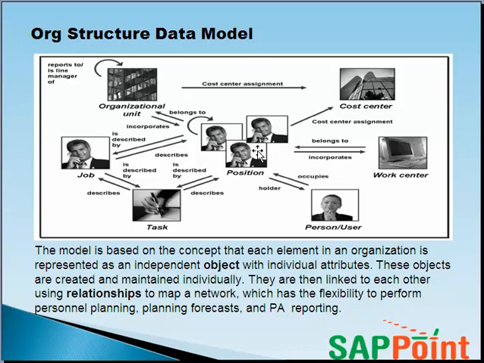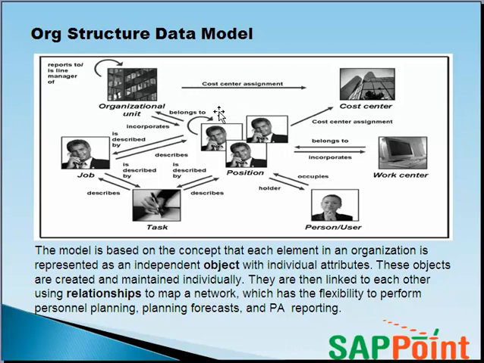Now these objects are created and maintained individually. So you would create an org unit, and within that you would probably create a job or a position and then assign a person to the position. So all this maintenance is done individually.